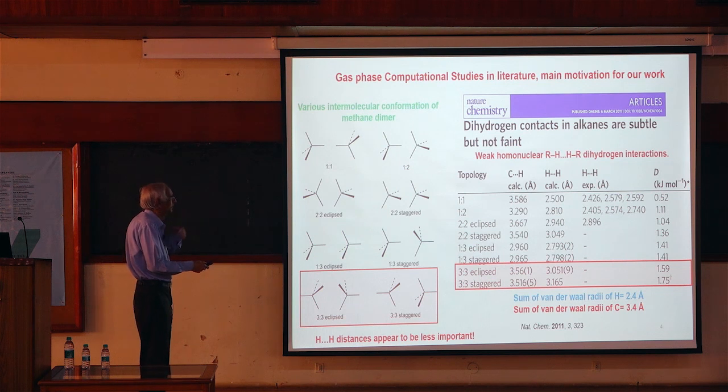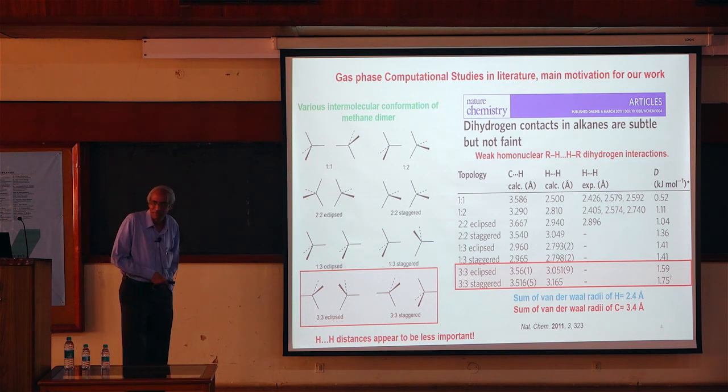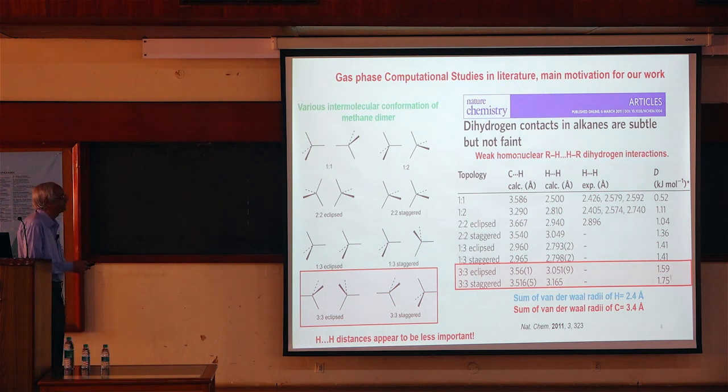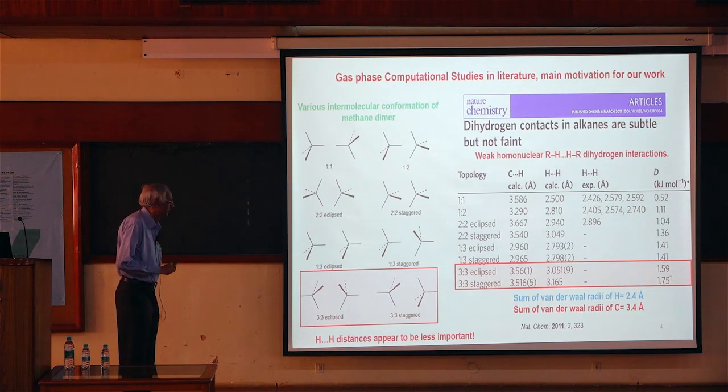They describe this as a weak homonuclear RH-HR dihydrogen interaction. Just notice that this is again involving a hydrogen to hydrogen contact, and they believe that it is highly directional at this stage.